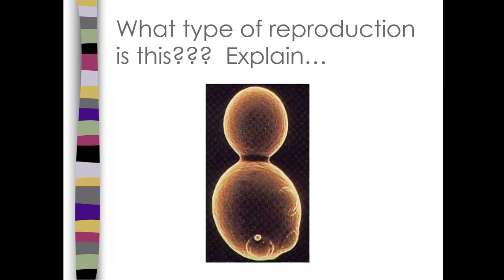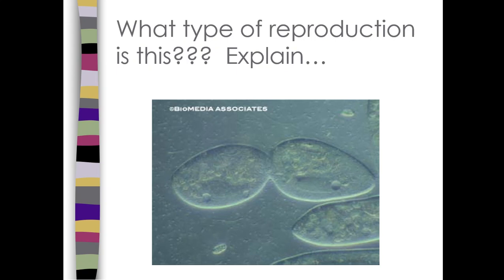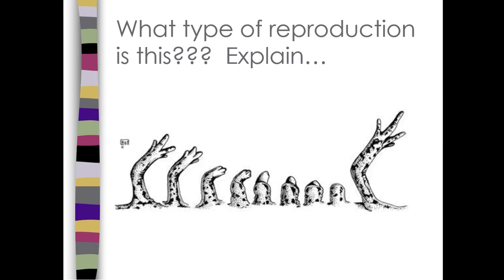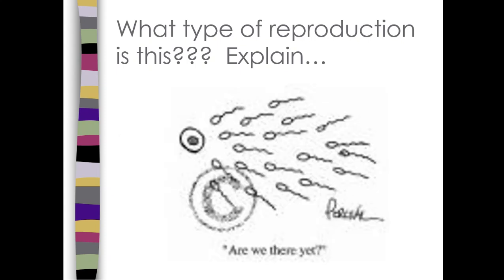Okay, so how about this one? This one is? Okay, budding for yeast cells. Okay po? So, very good. So, how about this one? This one is what? Okay, binary fission. Okay, how about this one? Okay, regeneration.